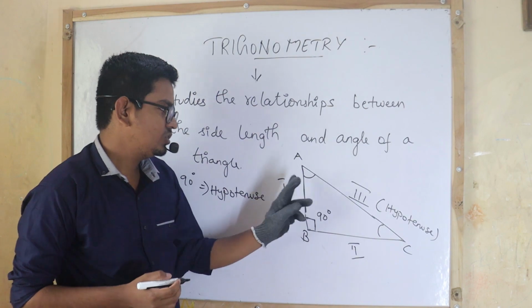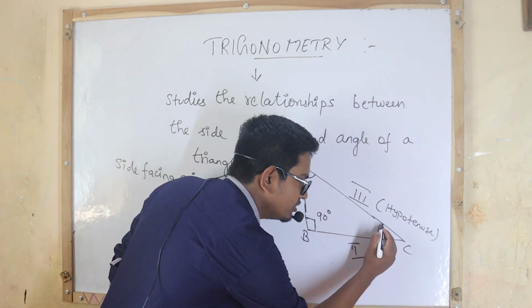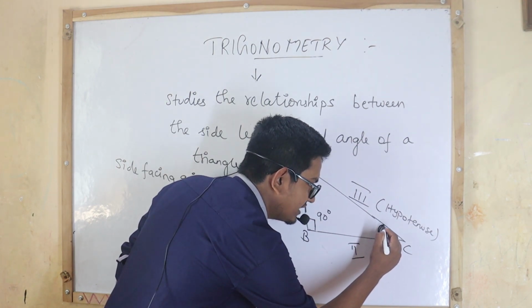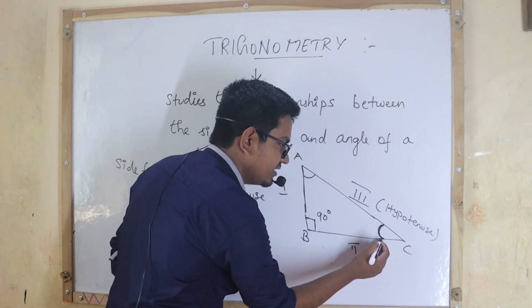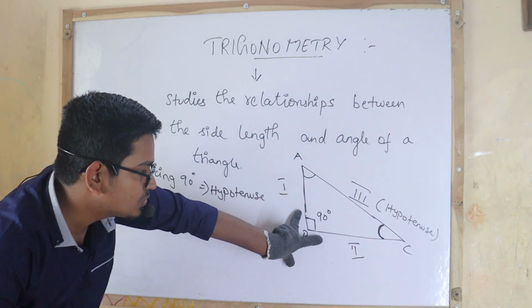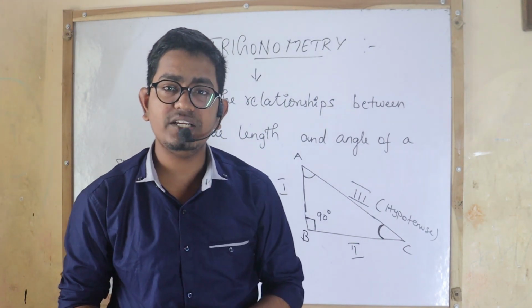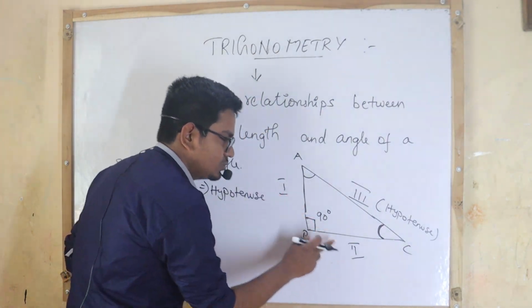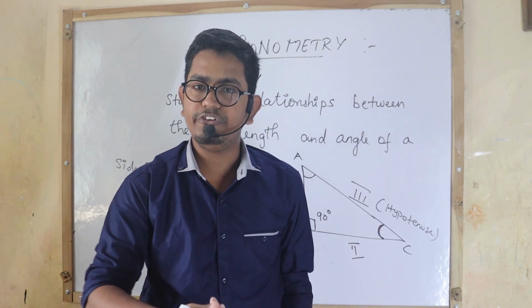Alright. Now I am having here two angles. If I am considering, for example, angle C, I should have to see these two sides with respect to angle C. Why I should have to see these two sides with respect to angle C, you will come to know within a few minutes.